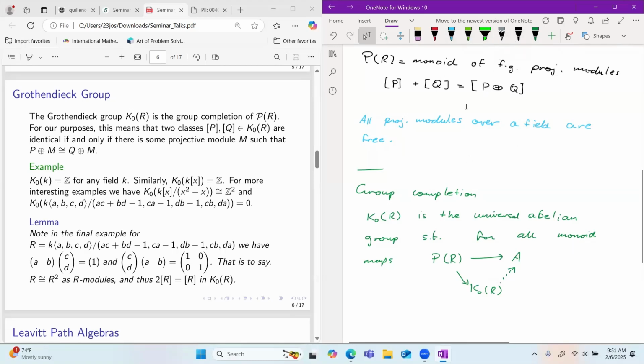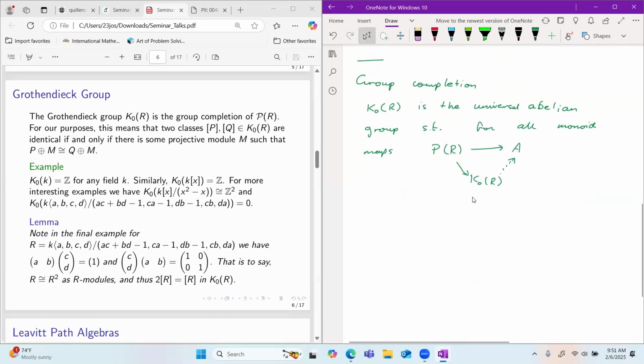So the idea here is that two isomorphism classes are identified in K0 of R if and only if there exists a finitely generated projective module M such that P direct sum M is isomorphic to Q direct sum M. This is the important part here.